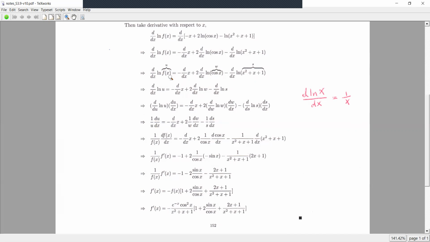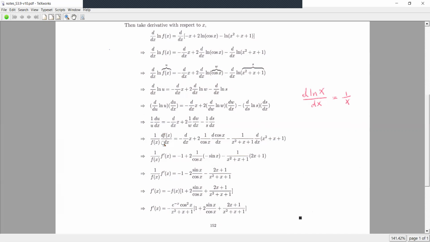Plug in f of x in the u here. Then I get this term. Plug in cosine of x in the w here. Then I get this term. Plug in x squared plus x plus 1 in the s here. Then I have this term.